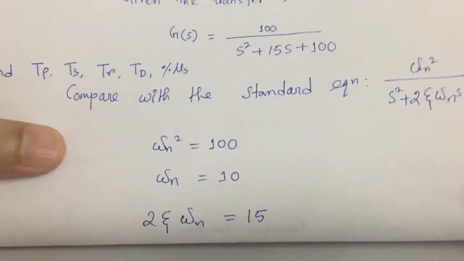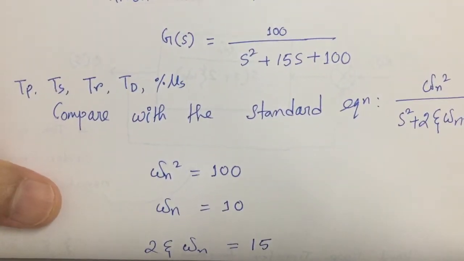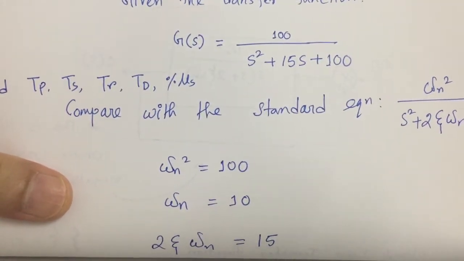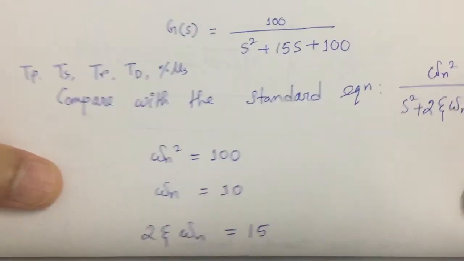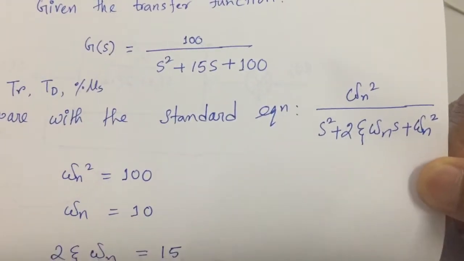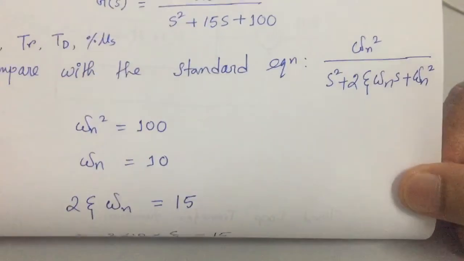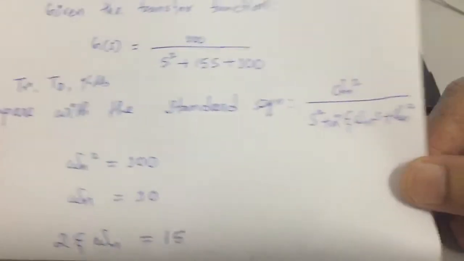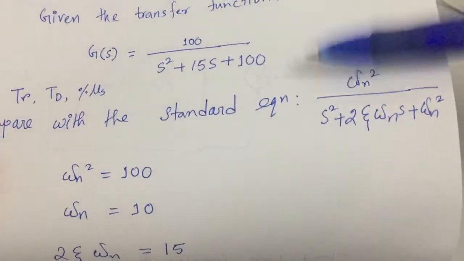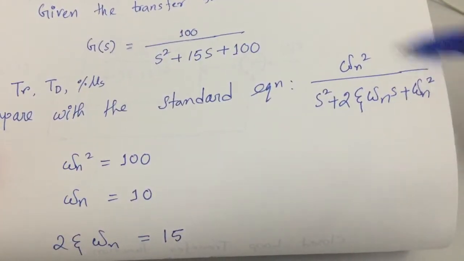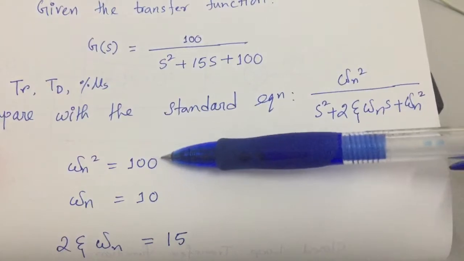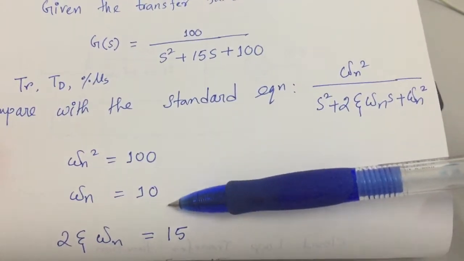Okay, Td. In order to solve this problem, we compare with our standard equation, omega n square divided by s square plus 2 zeta omega n s plus omega n square. If we compare this, you know that our omega n square is actually 100, so omega n will be 10.